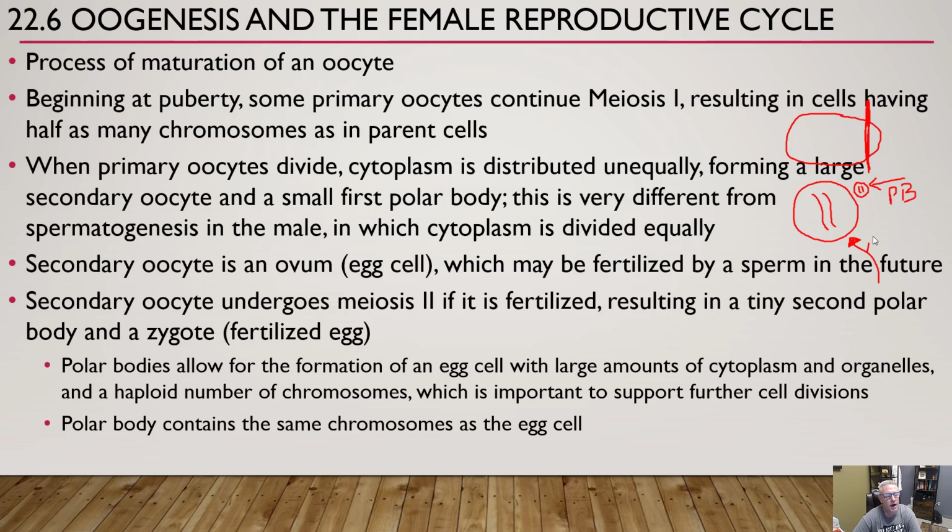But in some cases, a sperm can fertilize that polar body. Now, it might not develop into a full fetus because there's not as much cytoplasm, there's not as much nutrients as this secondary oocyte. So it might result in a miscarriage, or the cell might not even implant in the uterine wall.